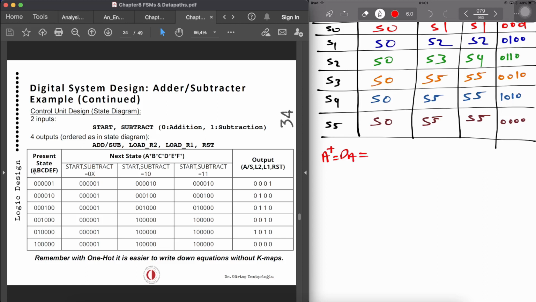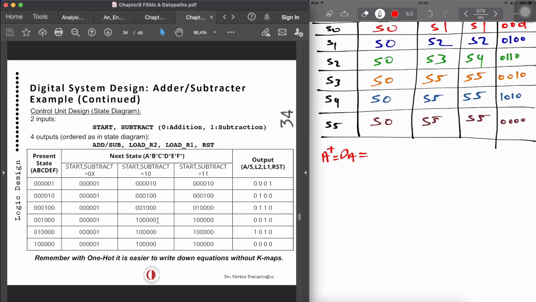So where A is activated, which is 10000, where do we have that? We have it over here and here, all these 6 places, which are S5s. So S5, A is activated.